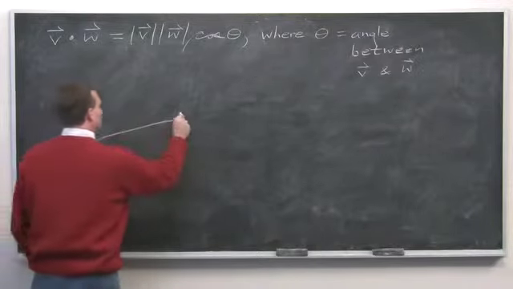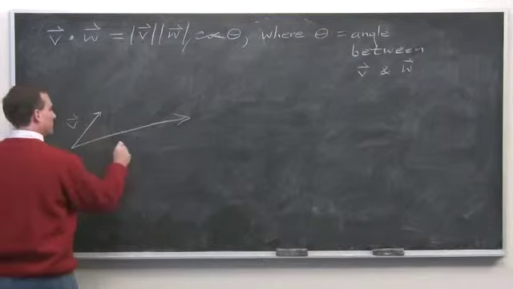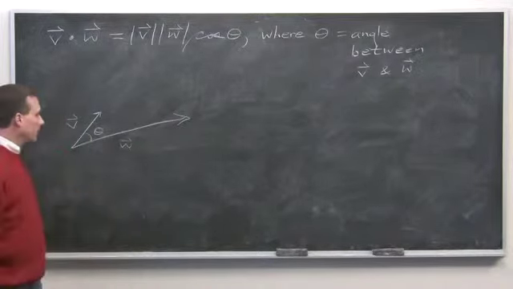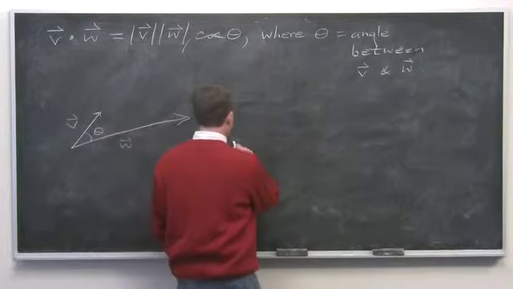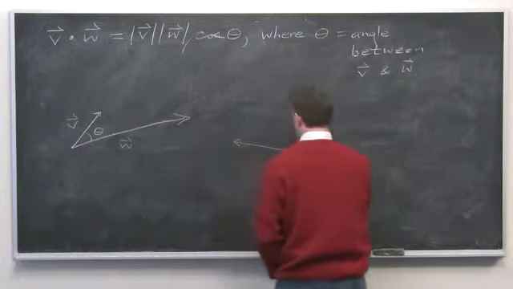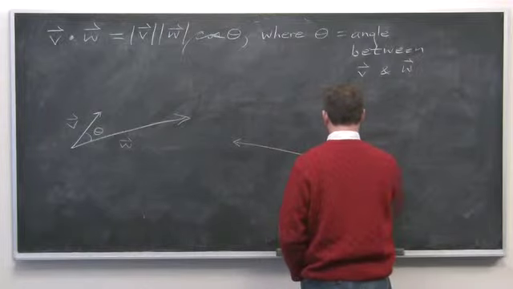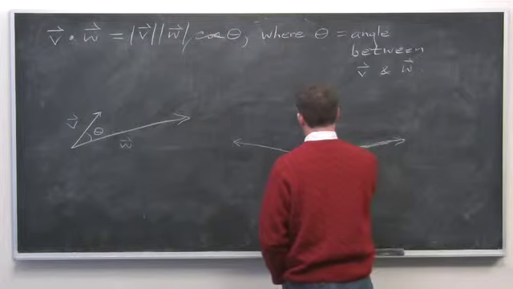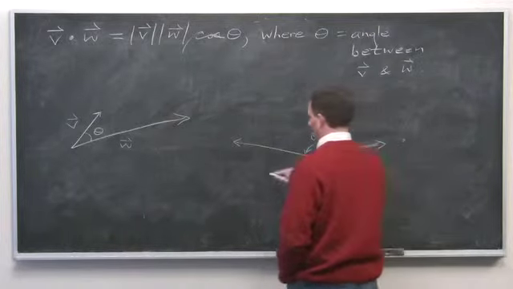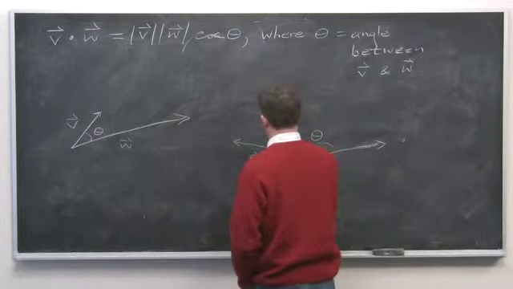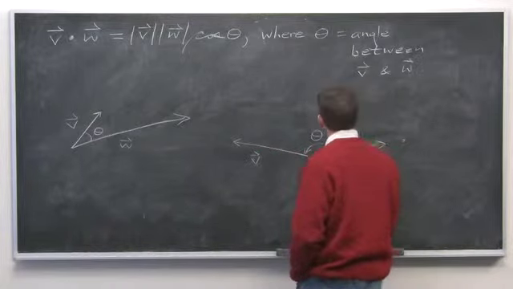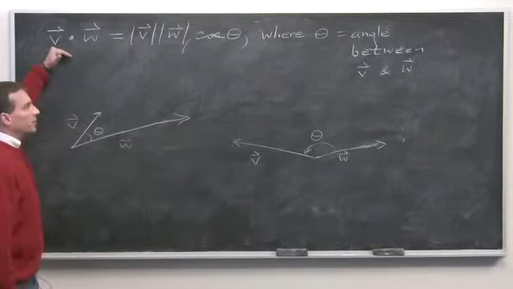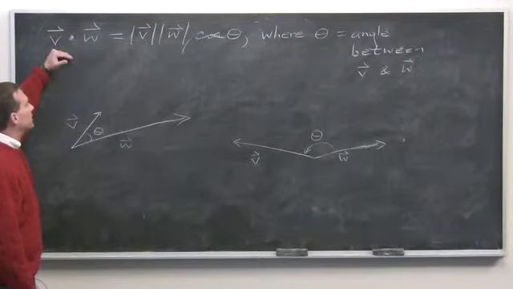So, you've got some vector v, some vector w. There is some angle in between. The angle might not be acute. It might be obtuse. So this is why the dot product is important, because it has this geometric interpretation.